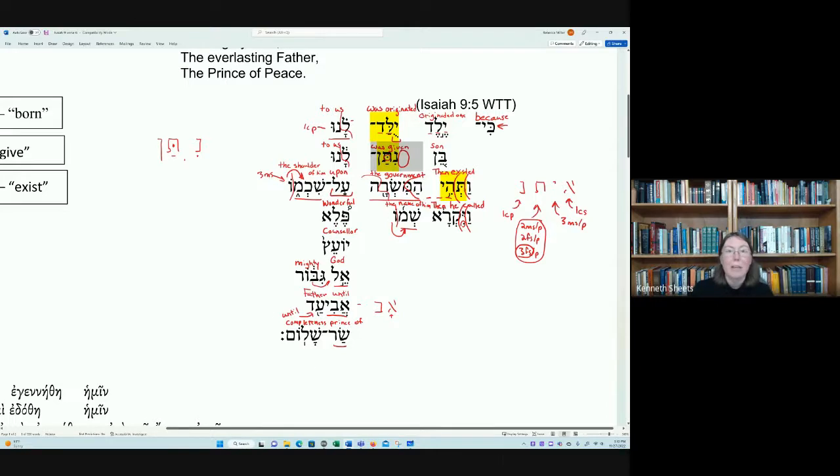And so thus we get some idea of who this individual is that is going to be originated, who is going to be given, and who in fact will rule there. But you can see from this how it is that we do have these pronominal suffixes on these nouns and on these prepositions as well. Now, another thing as well here, we also have pronominal suffixes that will occur on verbs.